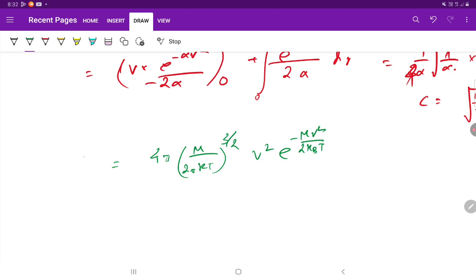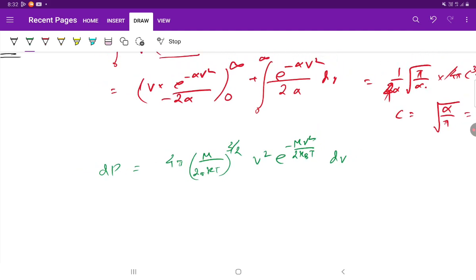Now what will be dP? That is the probability, dP is equal to this big expression into dv. So I have basically derived the Maxwell-Boltzmann distribution equation. Hope you get all the understanding.